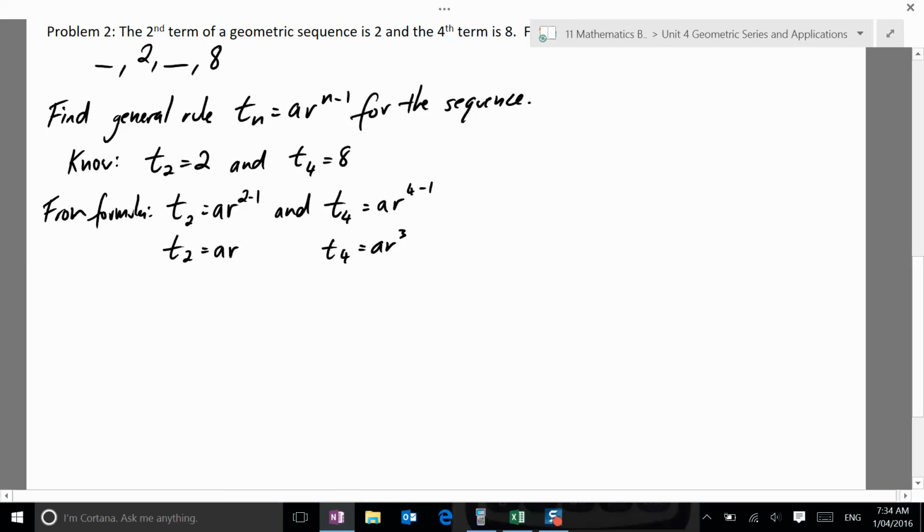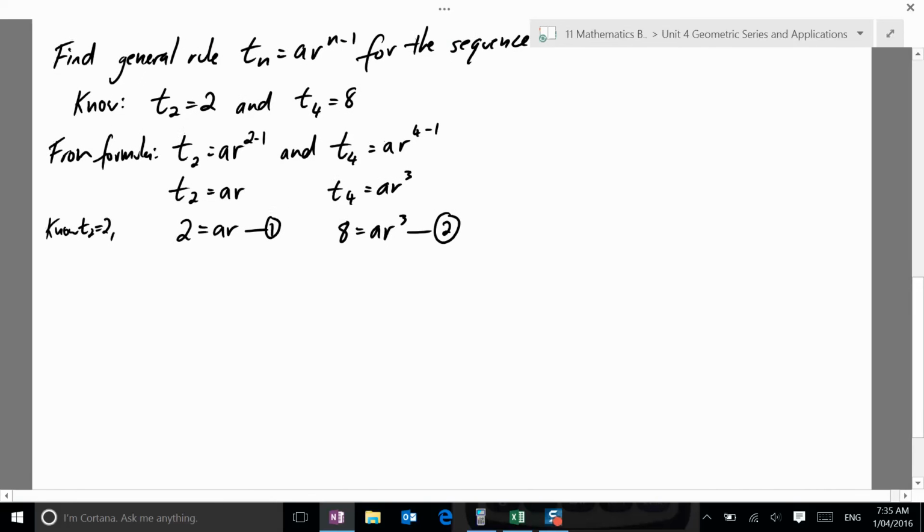But I know that T2 equals 2, so I can write that 2 is A times R. I'm going to call that equation 1. And I know that T4 is 8, and I'm going to call that equation 2.